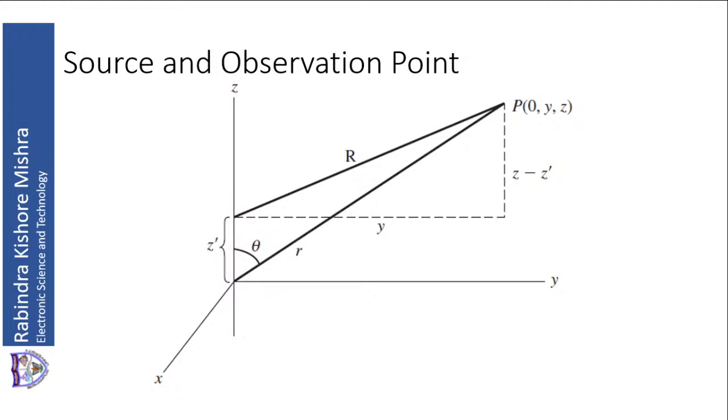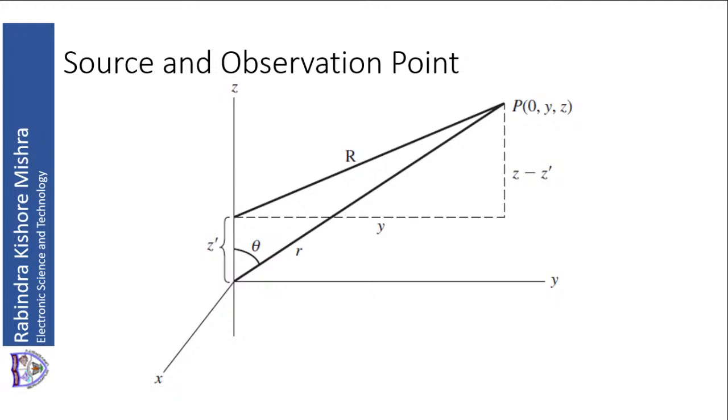Then we drop a perpendicular onto that line, up from the observation point P. So from observation point P, we drop a perpendicular line which meets the line parallel to the y-axis drawn from z dash.